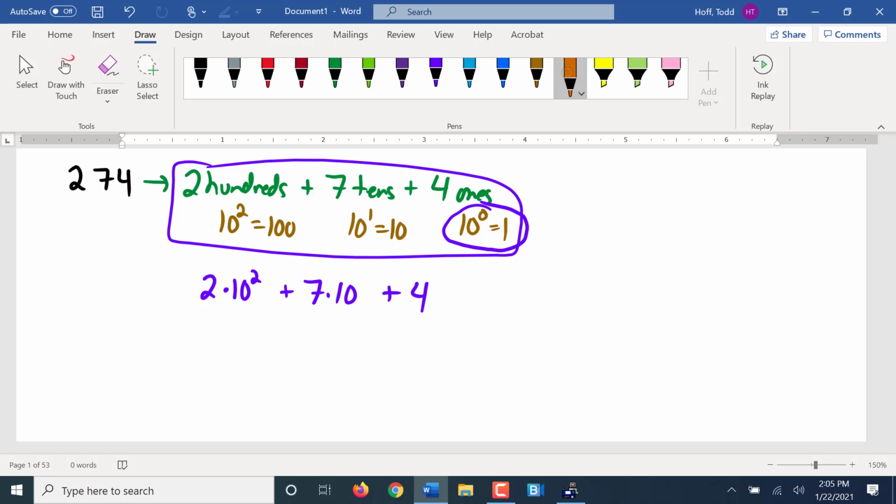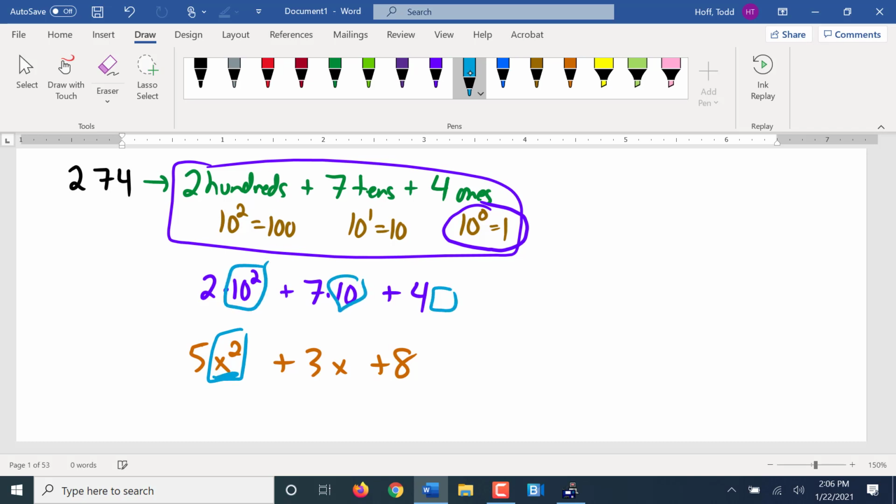If we compare that now to an algebraic number written as 5x squared plus 3x plus 8, we can see the similarities. This number, it's just a number, only the place values, instead of being 10 squared and 10 and 1s, are x squared and x and 1s. Does that make sense?